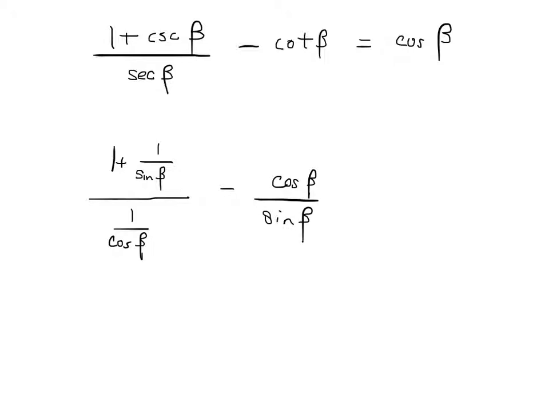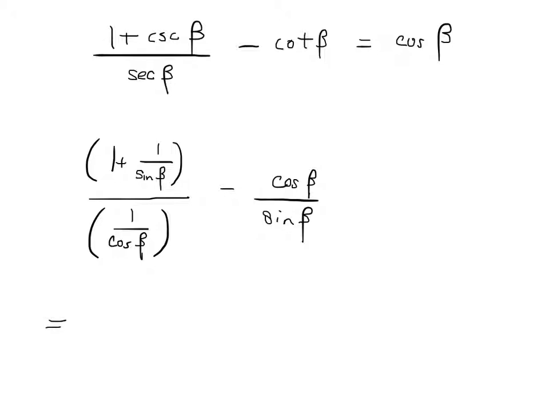I think the smartest thing to do is to work out the numerator, because 1 is just sine beta over sine beta. Okay, so I'm going to do it like this.